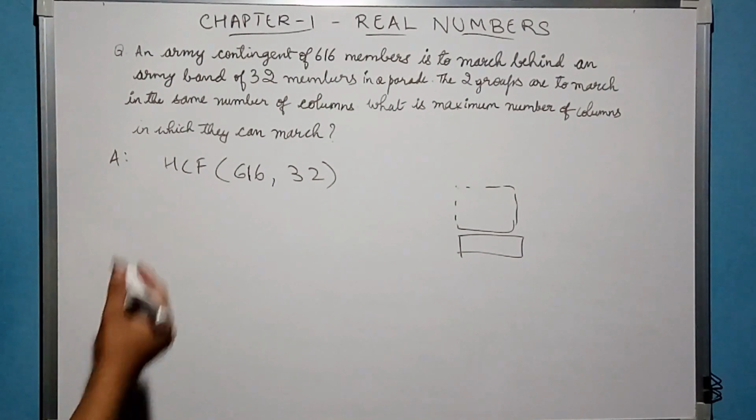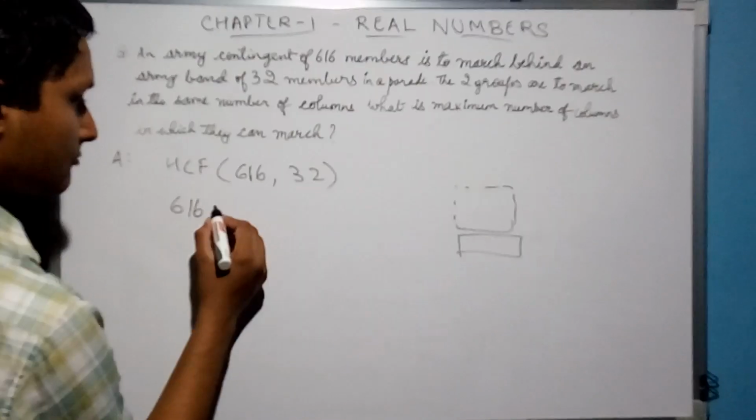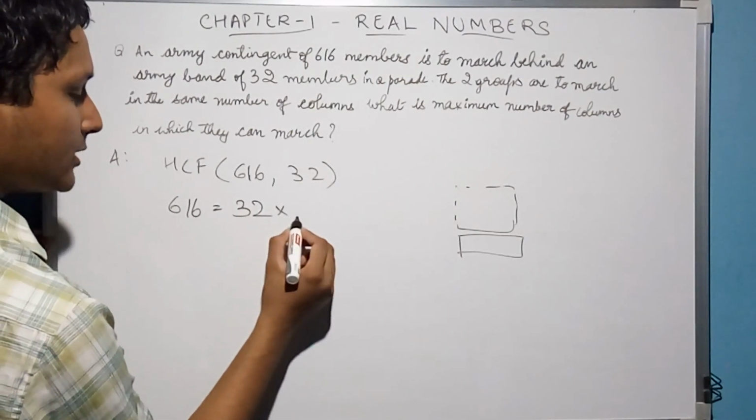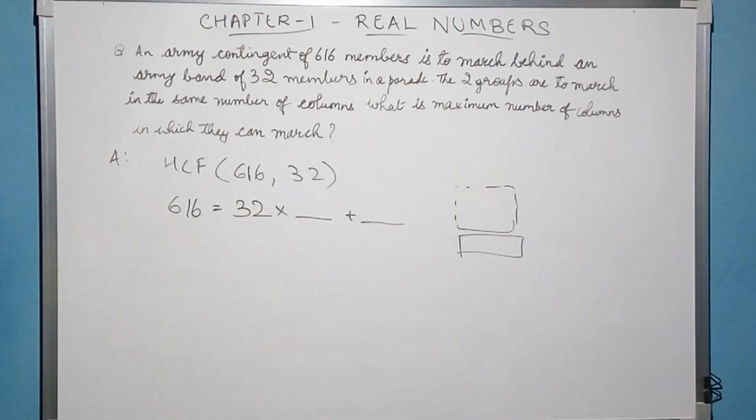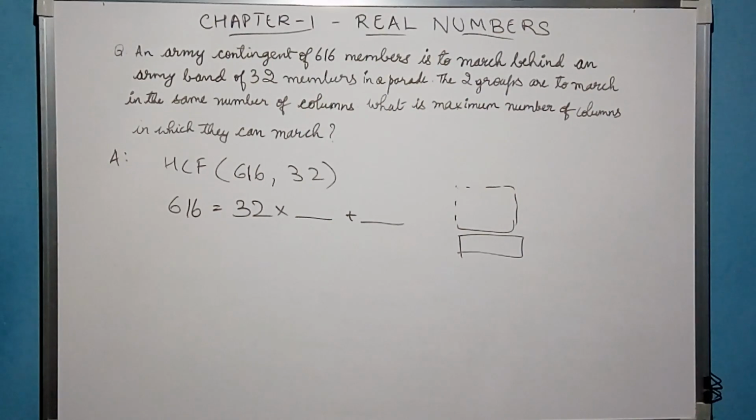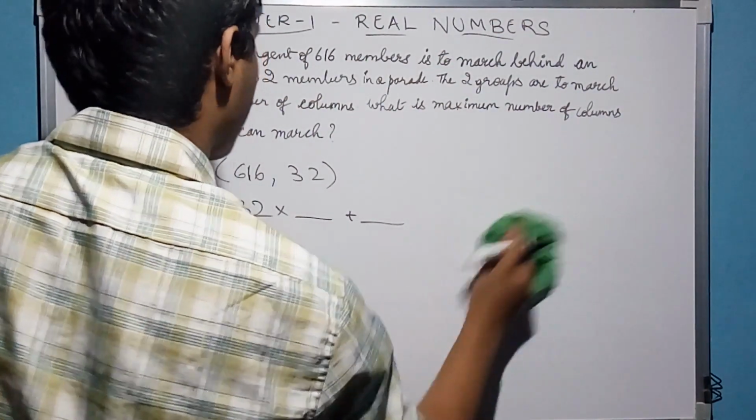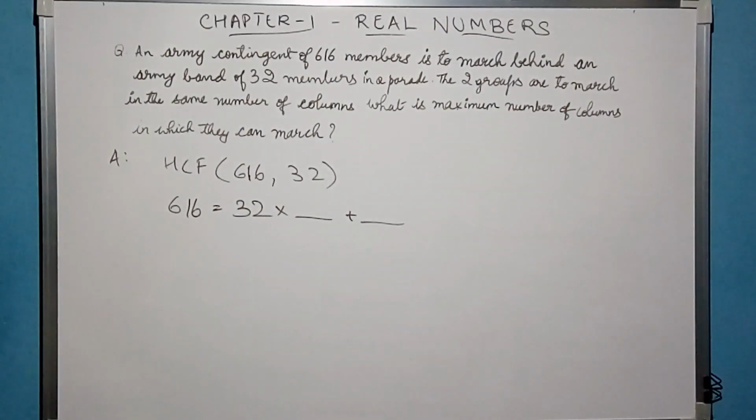So what is Euclid's division lemma here? 616 is equal to 32 into something plus something. So how are we going to use this? Here by seeing this we find that 616 is not divisible by 32.